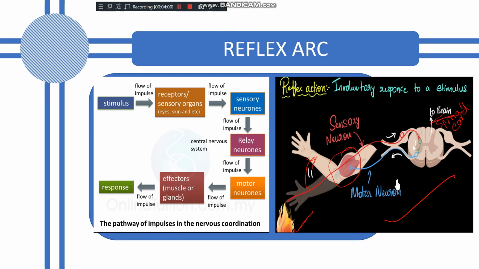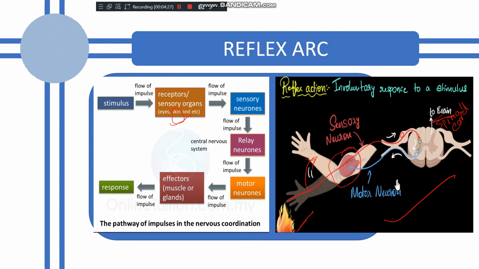So in the form of a flowchart you can see the stimulus. The stimulus here is the hot object, the receptor is your skin. Okay, and then this is the nerve impulse. This impulse is carried by the sensory neuron to the relay neuron.